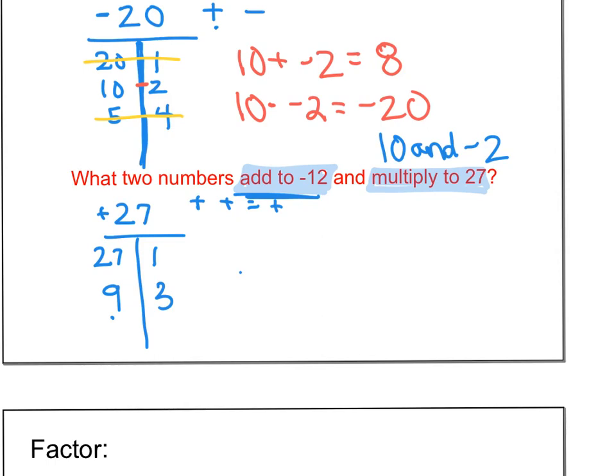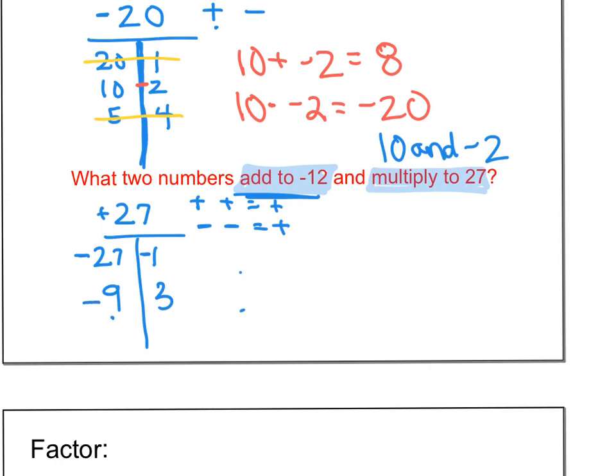Well, hopefully you can remember that a negative number times a negative number also equals a positive. So if I made the 27 negative and the 1 negative, negative 27 times negative 1 does multiply to 27, but it does not add to negative 12.